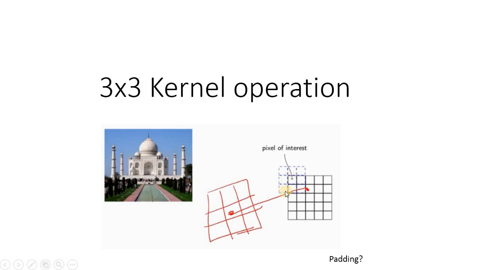And if something is going outside, that can be filled with something called padding numbers, which we will discuss later. But assume that everything fits well into a 3 by 3, so the middle number gets changed.